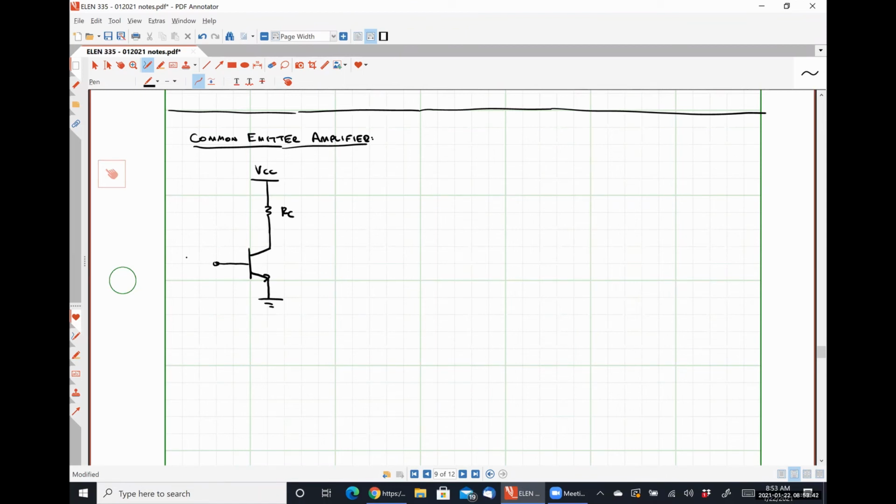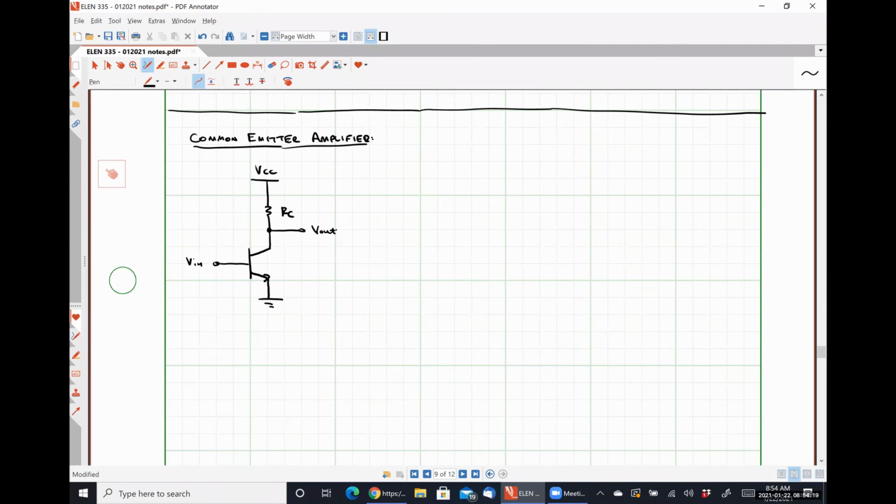We apply some input voltage at the base and measure our output voltage at the collector. So by definition, in this base form, we are applying an input signal at the base and sensing the output signal at the collector. Any amplifier which meets these criteria would be considered a common emitter amplifier, okay?